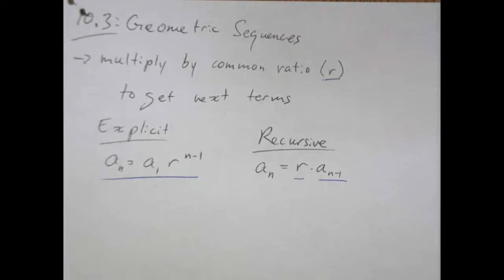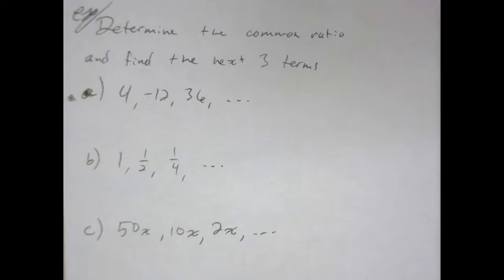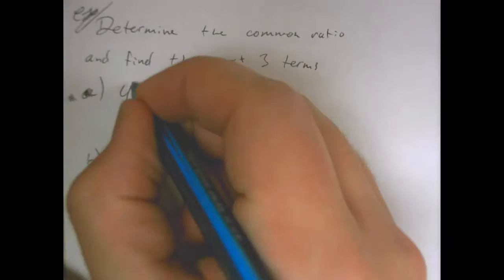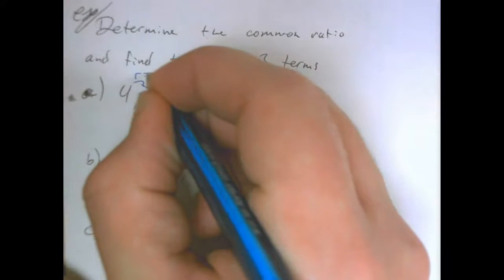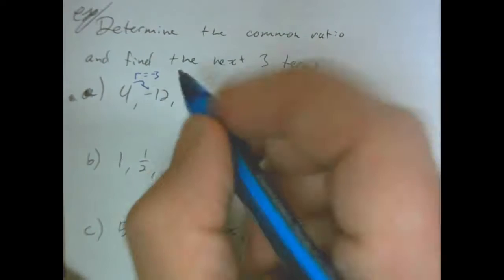In this example, it's asking to determine the common ratio, so I know that this is a geometric sequence since I'm talking about a common ratio, and find the next three terms. In part A, I noticed that my first term is 4, my next term is negative 12, and I know I had to multiply by some number to get there. Well, that number would be negative 3, so here my rate would be negative 3. Same thing there, same ratio.